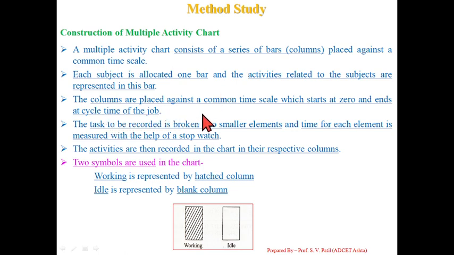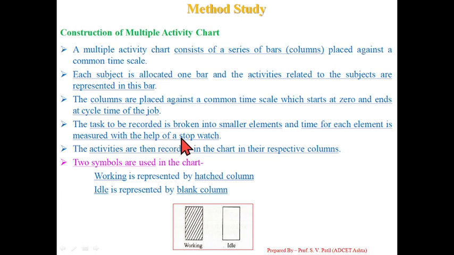The columns are placed against a common time scale which starts at 0 and ends at the cycle time of the job. As I told you, we use the stopwatch to measure the time. The cycle time is the time consumed to accomplish all the activities within a given cycle.